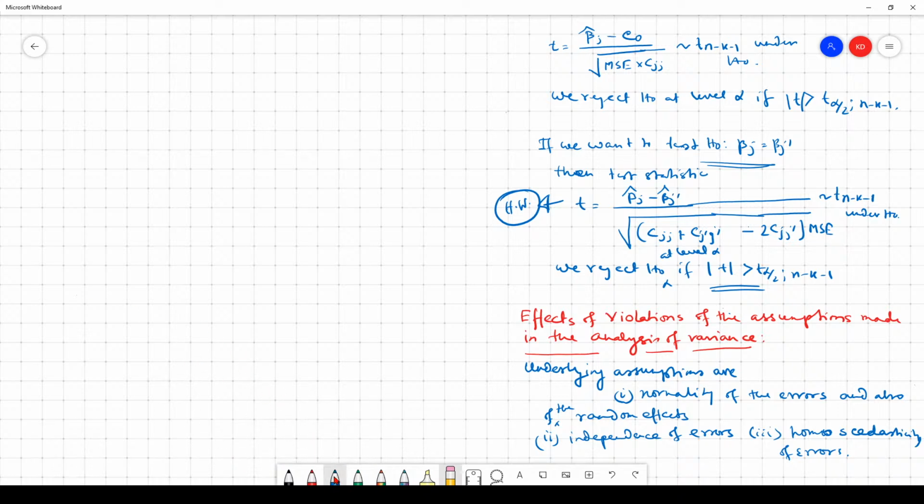In the fixed effect model, the normality assumption is needed only for hypothesis testing and interval estimation.